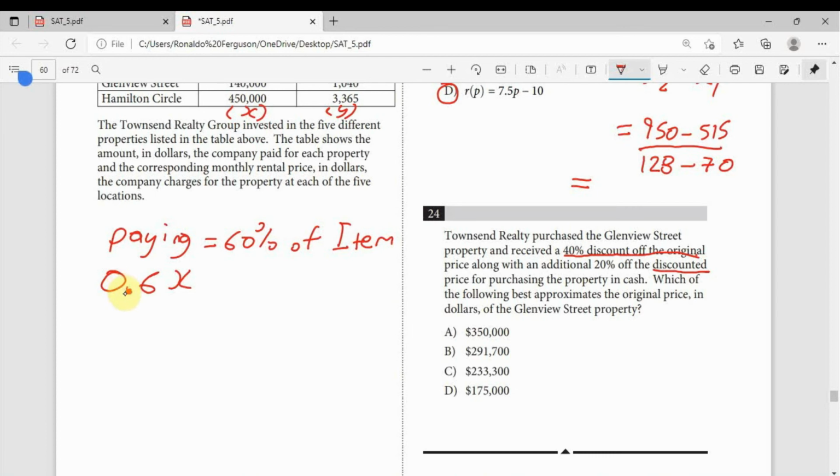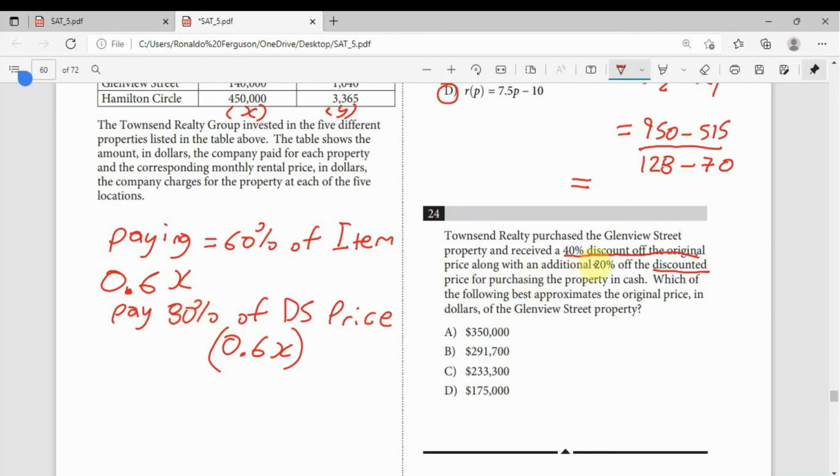So if you're getting another 20% discount, then of the 0.6x, you're going to pay 80% of this discounted price, right? Does that make sense?